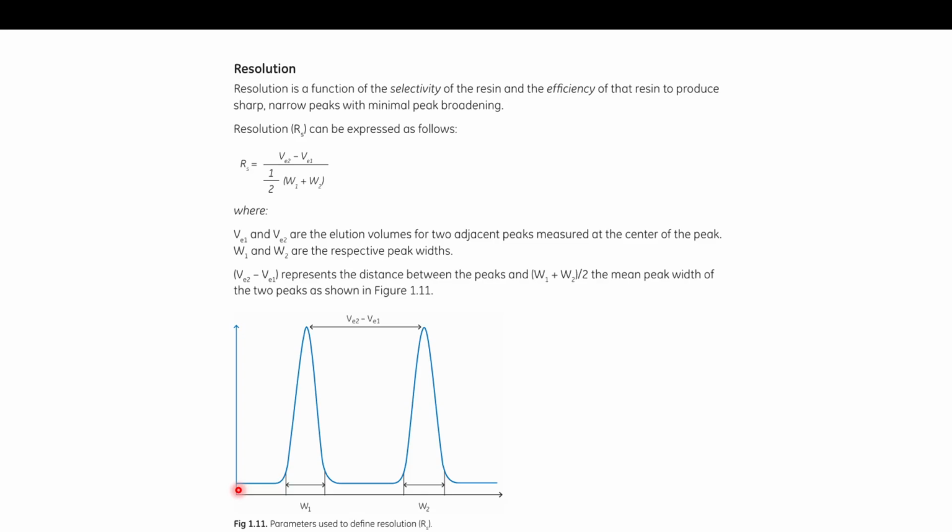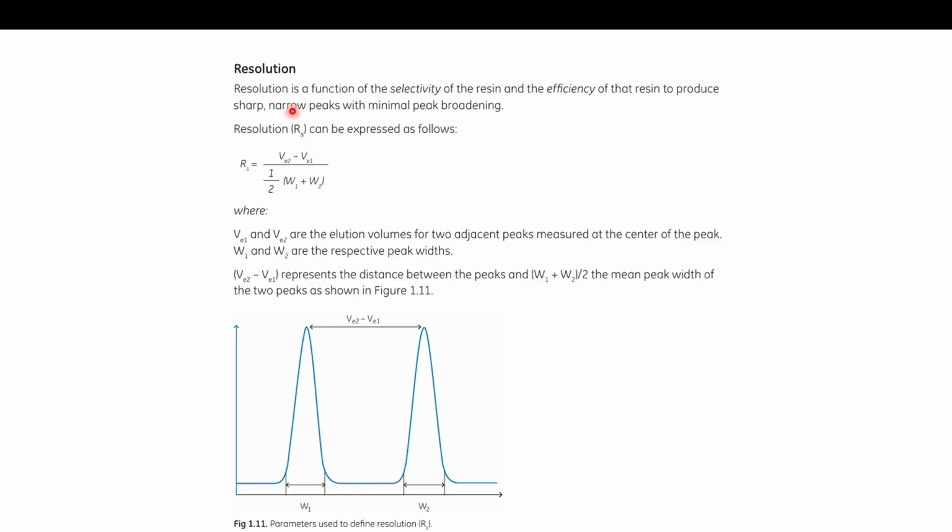Okay. This is the same thing that we looked at in the earlier tutorial class, resolution, which is represented here, where the width of the peaks and the separation between the peaks are taken into account and averaged out here, giving us the resolution.